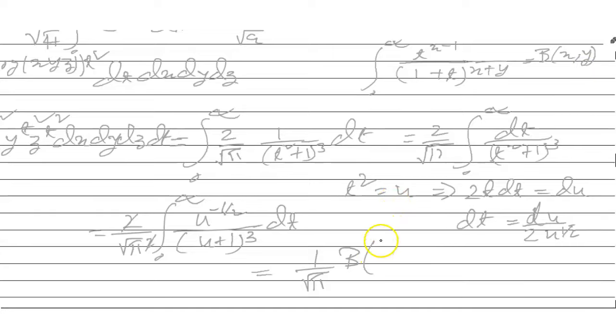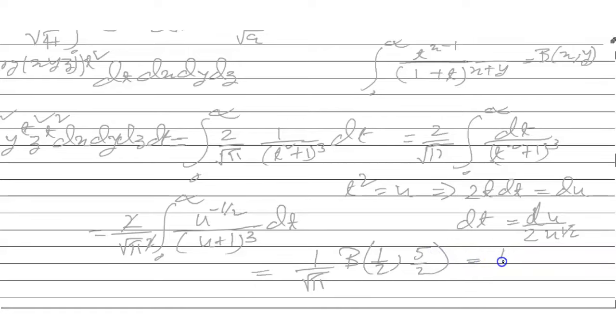So it can be written x minus 1 is equal to minus half, so it is half, beta half, and it is 5 by 2.